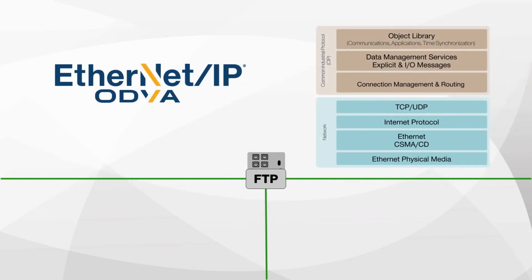Because CIP exists only in the application layer of the OSI and TCP models, it is easy to add high-integrity safety services and diagnostics without requiring special communications hardware. This leverages existing communication infrastructure and helps reduce lifecycle costs.